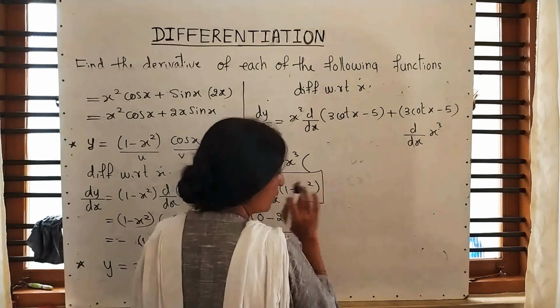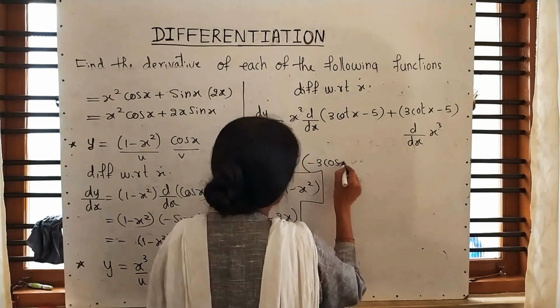Three constant, differentiation of cot is minus cosecant square.